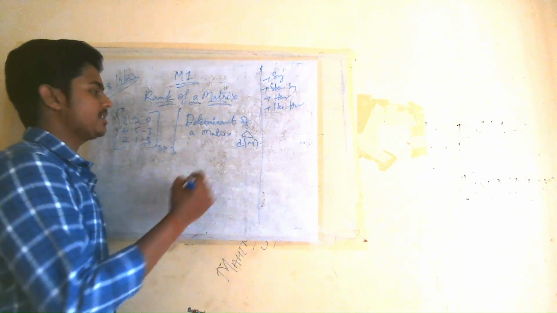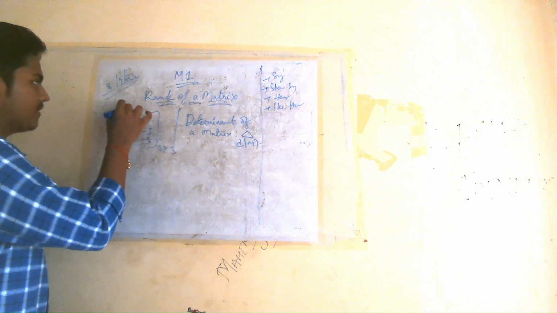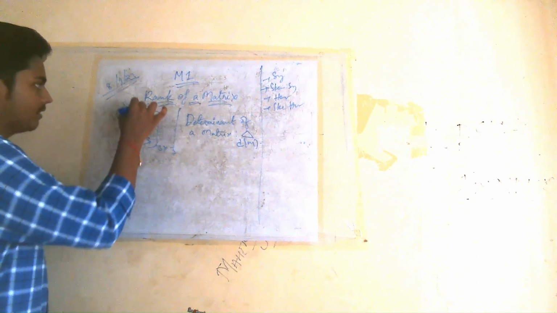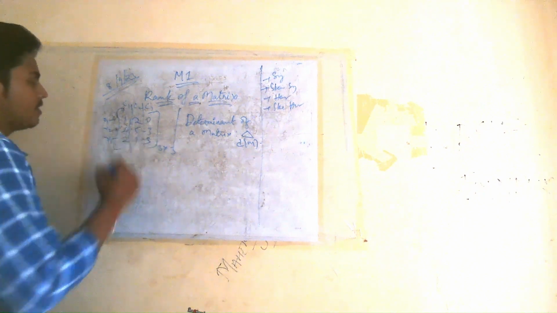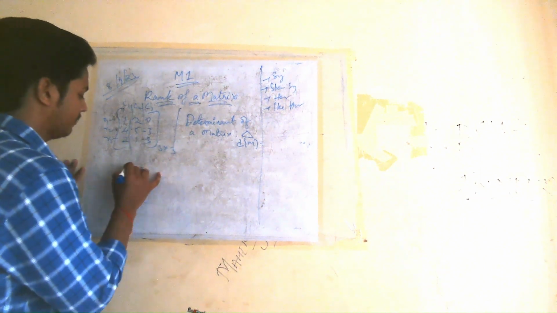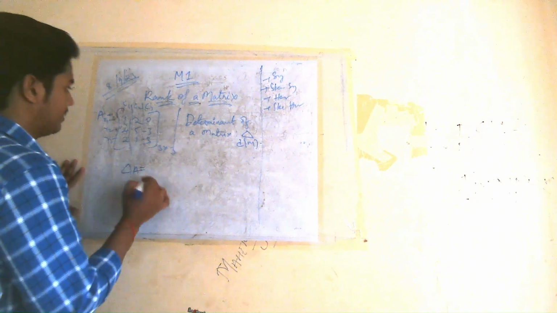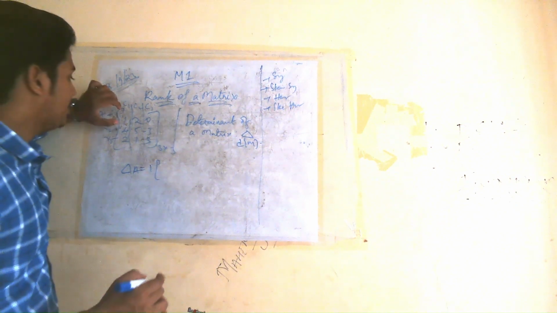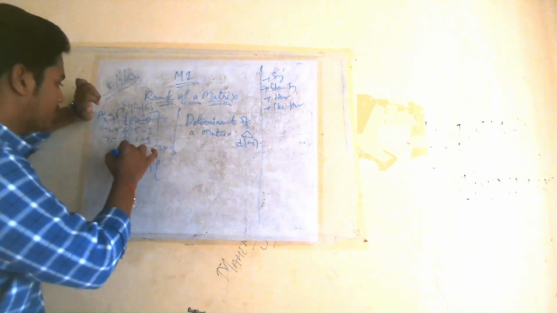Okay, this is your C1, C2, C3, and this is your R1, R2, R3, right? To calculate the determinant of this matrix, let this be matrix A. So det of A is equal to 1 into, first I select an element in column 1 and close the first column and first row completely.